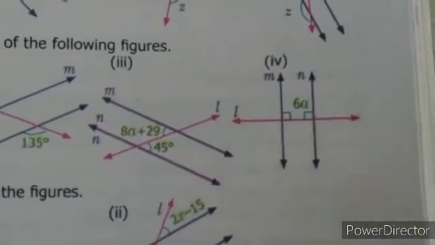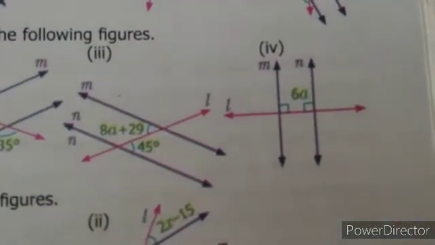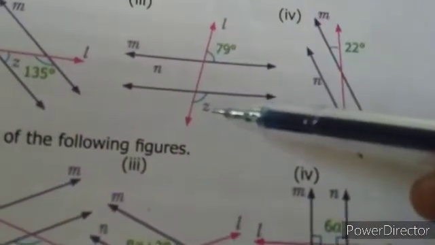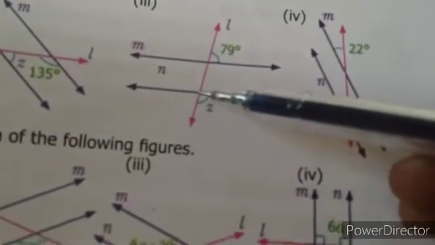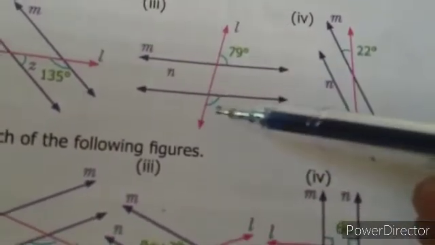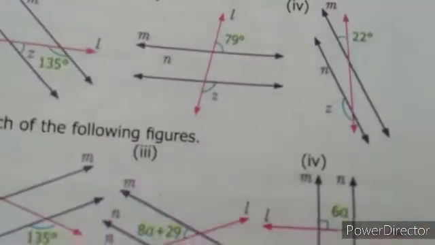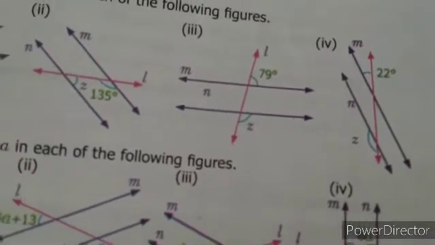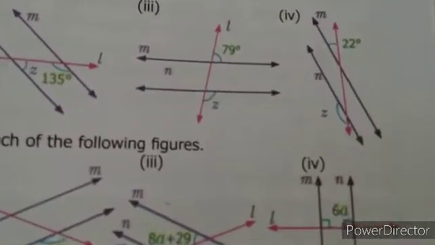Now here in the next two, subdivision 3 and 4, M and N are parallel lines, L is the transversal. Here the exterior angles that lie on the same side of the transversal are supplementary. See, the previous sum is alternate sides, it's marked, so that we can write the answer like that, same value we are writing.